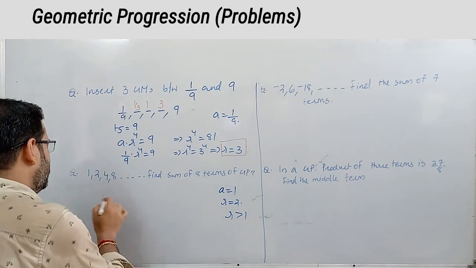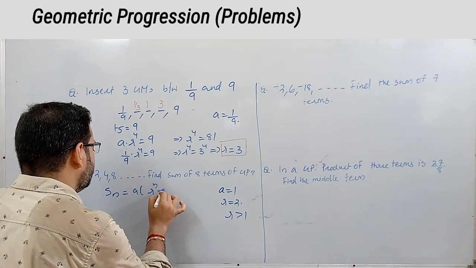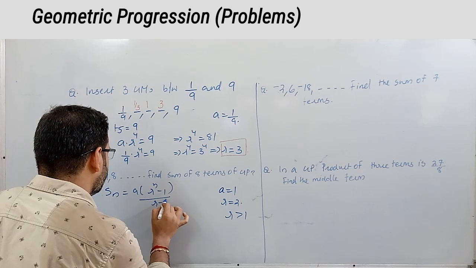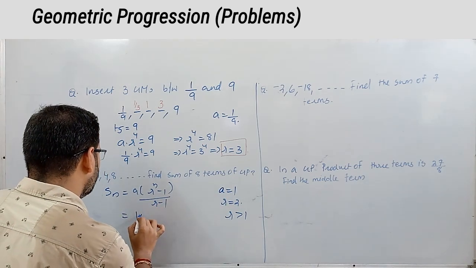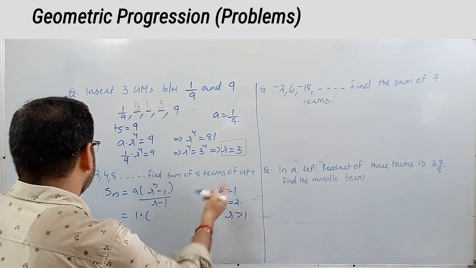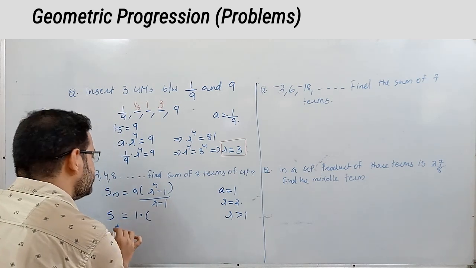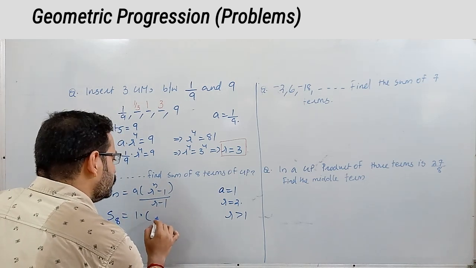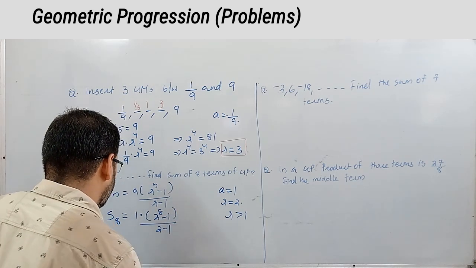So we can use the formula Sn is equal to A into R raised to n minus 1 divided by R minus 1. A here is 1. Substituting the values, we have to find the sum of 8 terms, that means n is equal to 8. S8 is equal to 2 raised to 8 minus 1 divided by 2 minus 1.